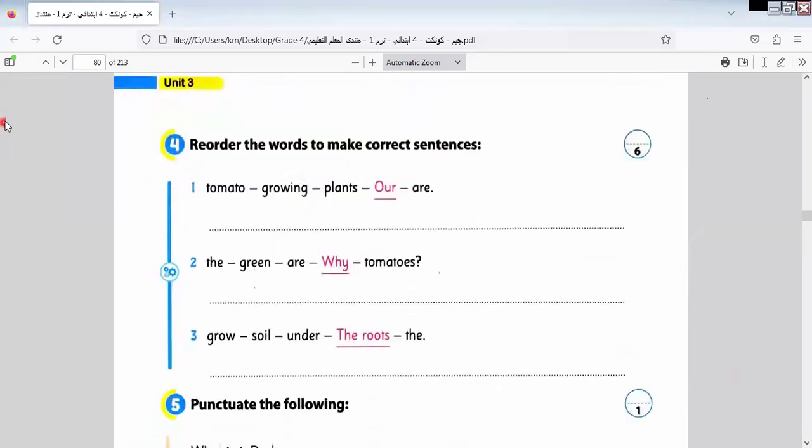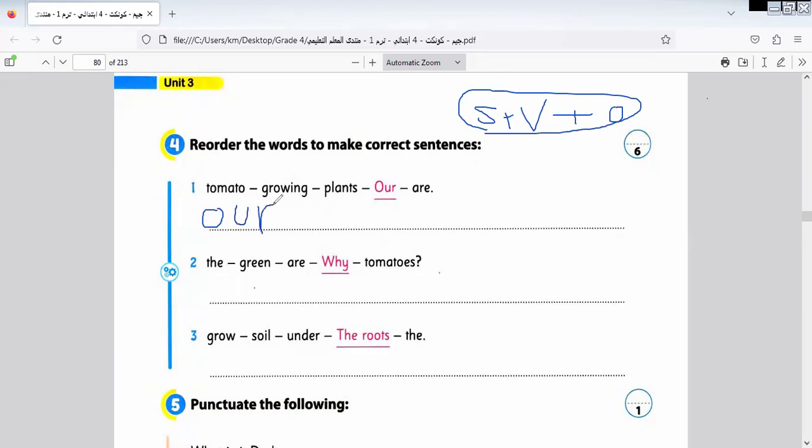Here we have the question that I will repeat more and more. Subject, verb, object. This is the rule we learned during the previous 3 years. So first of all, I will search for the subject. Where is the subject here? The subject is the pronoun our.